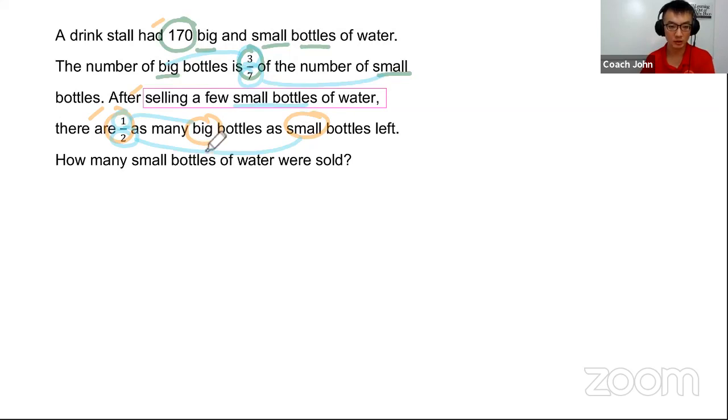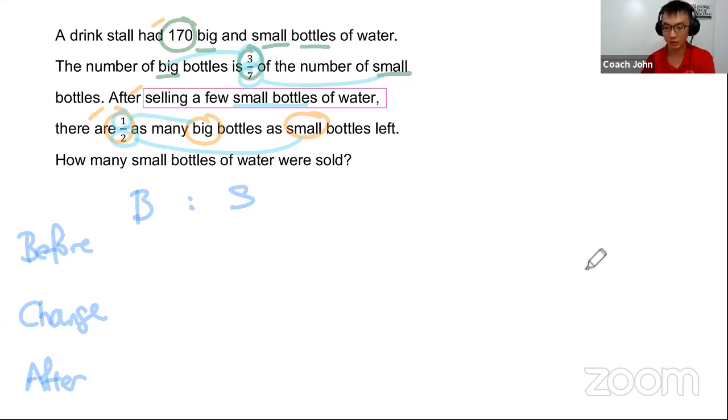In fact, there's only change for small bottles. So the number of big bottles remains the same, which means that the number of units should be the same for the big bottles. So the layout for one unchanged will be like this. We have big is to small, and we have before, change, after.